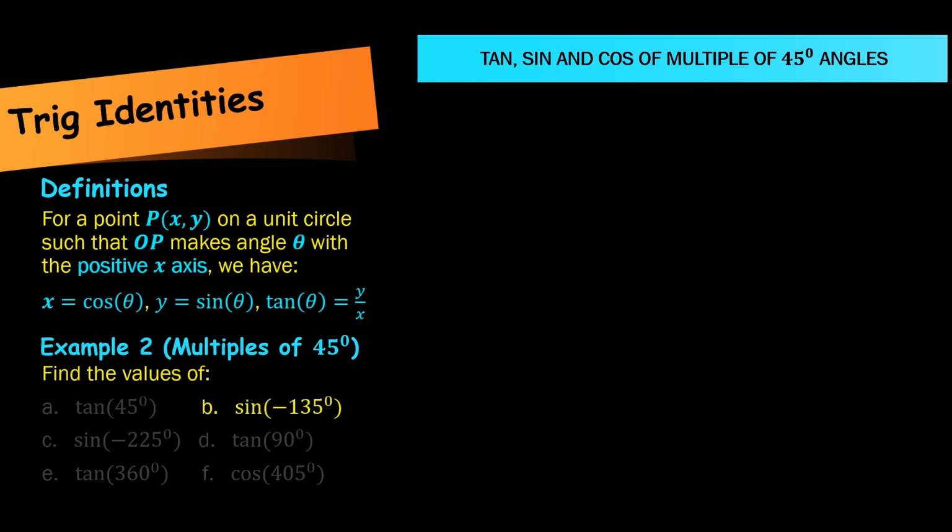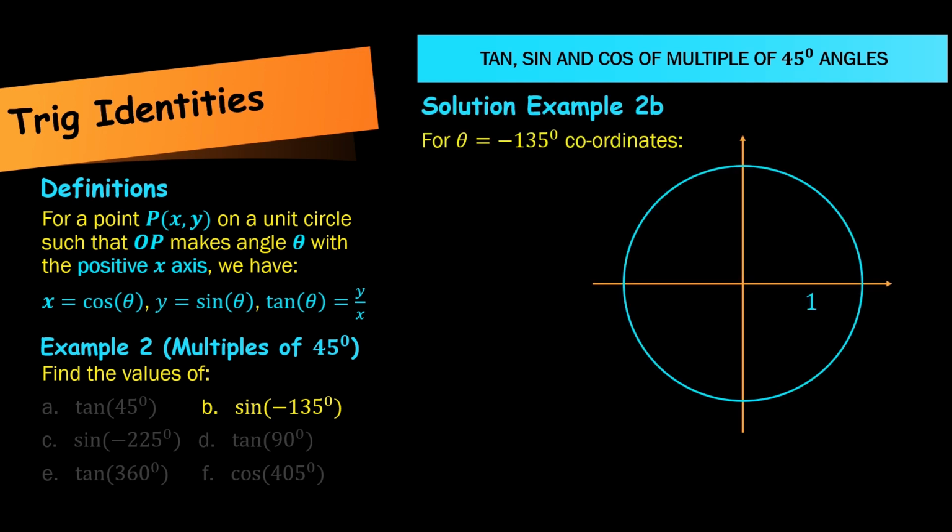And now for sine minus 135 degrees. Again, we're going to go clockwise because this is a negative angle. So this is minus 135 degrees. And the coordinates are minus 1 over root 2, minus 1 over root 2.